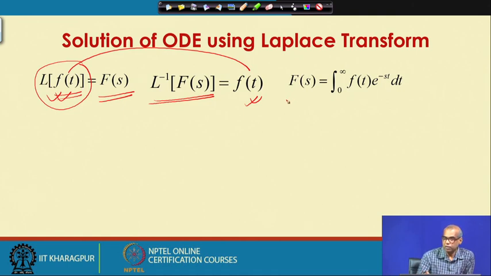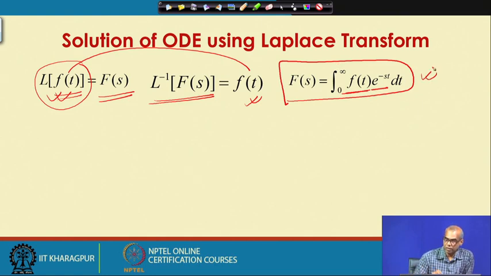Laplace transformation is defined by this integral. If you wish to take the Laplace transformation of function f t, multiply that by e to the power minus s t, and then integrate between 0 to infinity. So, the Laplace transformation of function f t is integral 0 to infinity f t e to the power minus s t dt.